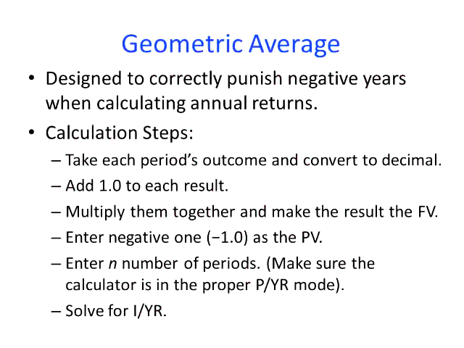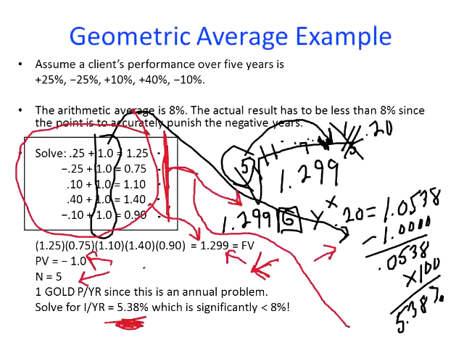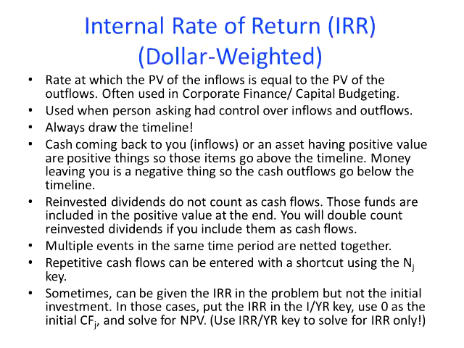All right, let's move off of this. We did geometric average. Here's that little discussion on the internal rate of return. That's on page 19-2. We've talked about all this stuff here. They bring up, when in doubt, always draw yourself a timeline, which I did on that one example.